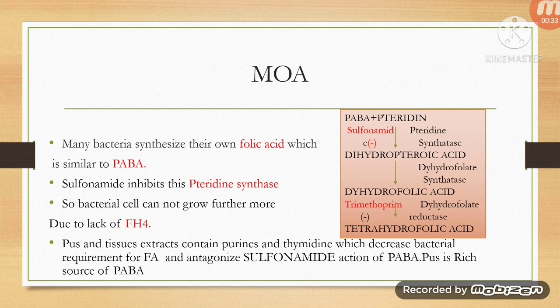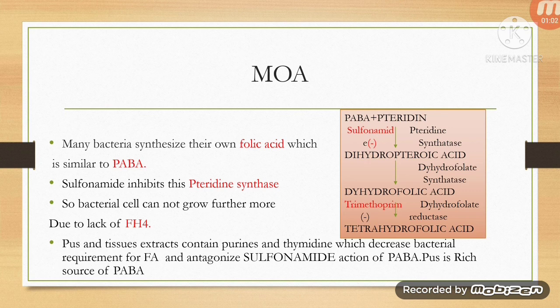Furthermore, in the presence of dihydrofolate synthetase, it converts to dihydrofolic acid. Then dihydrofolate reductase converts it to tetrahydrofolic acid. This tetrahydrofolic acid is very important for cell growth as well as cell division of bacteria as well as in human beings. If tetrahydrofolic acid is not formed, the cell will not grow or mature.